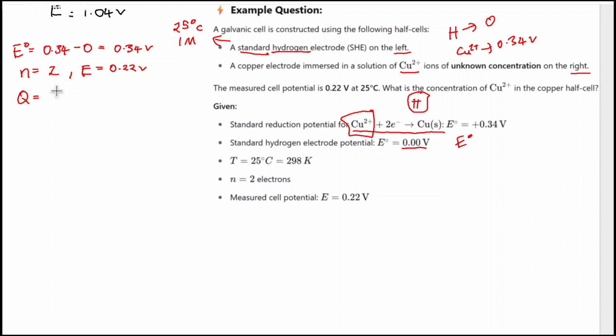So that means the 1 goes on top, since it's the product, and the copper goes on the bottom. But we don't know what the copper concentration is, which is what we are looking for. Then we write out the whole Nernst equation again. Let me write it out here. E is equal to E naught minus 0.0591 over n times log of Q.